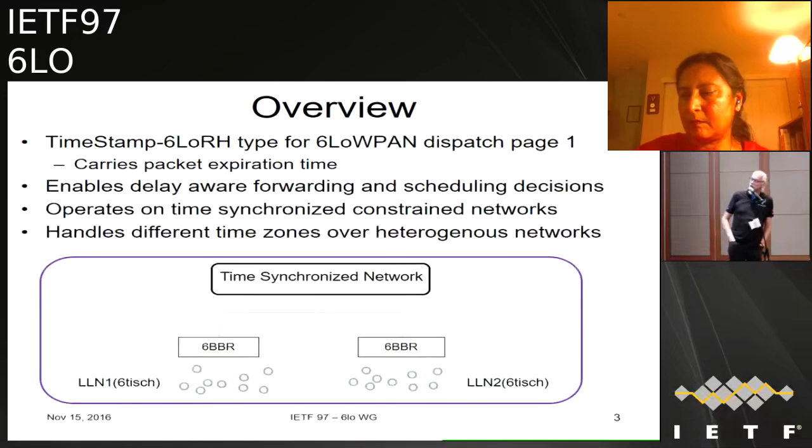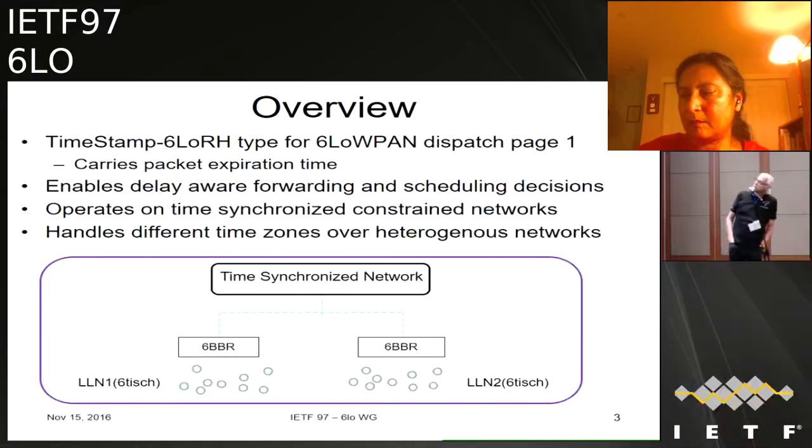Since you have synchronization, when the packet is delivered, the destination can see whether or not the expiration time has been reached, and then drop the packet if need be. The same thing is true for intermediate nodes that see that expiration time.